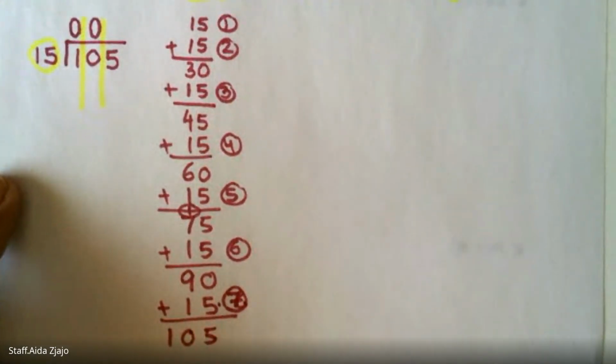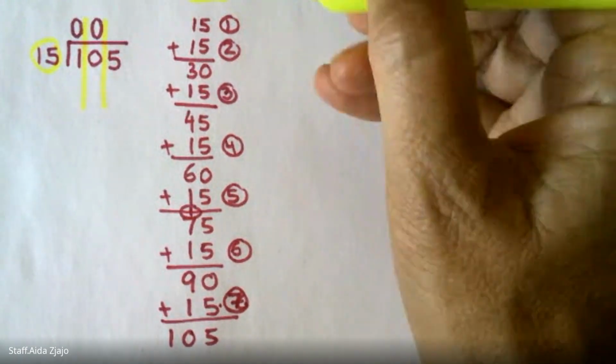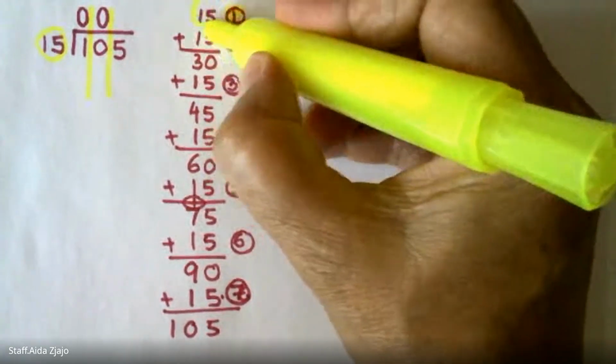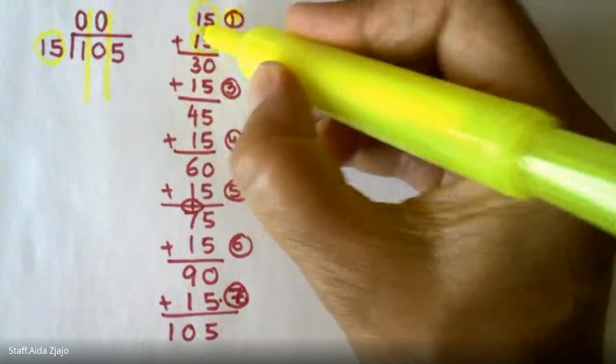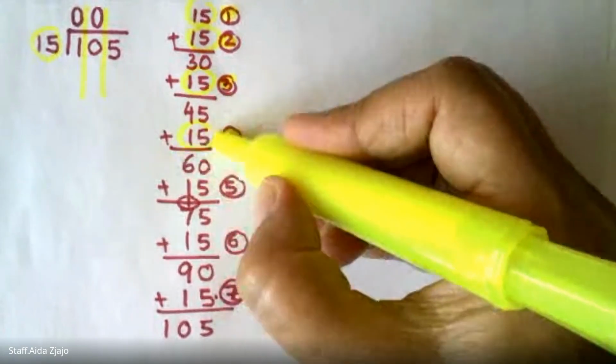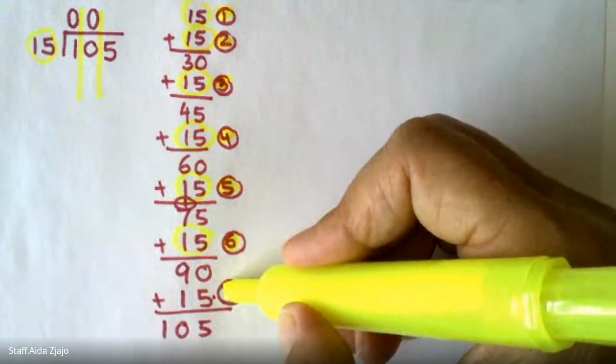Okay, so right now you can see how many groups of 15 students you can make. You can make 1 group, 2 groups, 3 groups, 4 groups, 5 groups, 6 groups, 7 groups of 15 students.